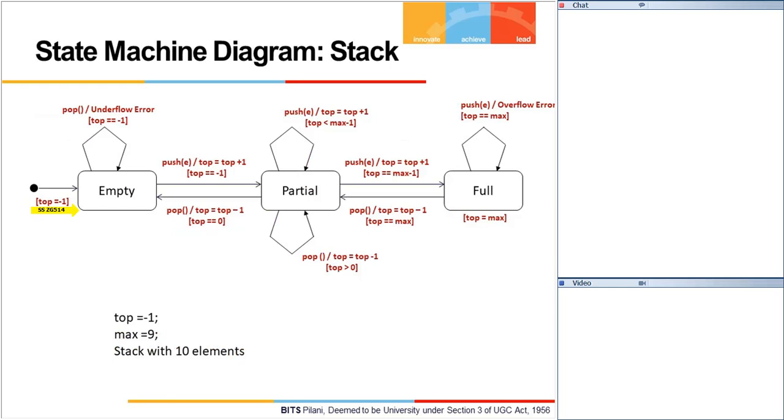So if a push E event occurs, that means I'm pushing an element onto my stack, right? What is the action that has to be taken? Top has to be incremented. Top is equal to top plus 1, right?